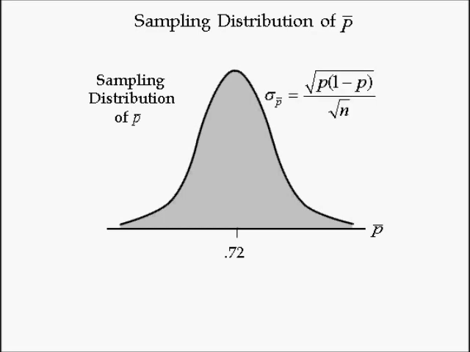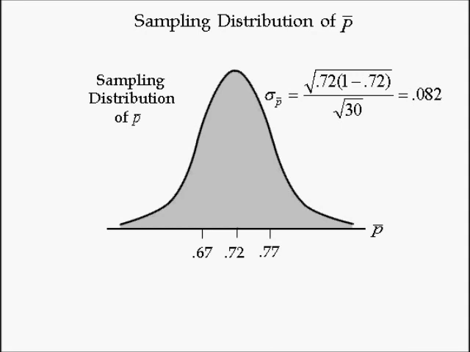The standard deviation of the sample proportion is equal to the square root of the product of p and 1 minus p divided by the square root of the sample size, which is equal to square root of 0.72 times 0.28 divided by the square root of 30, which is 0.082. 0.67 is 0.05 below 0.72, while 0.77 is 0.05 above 0.72.